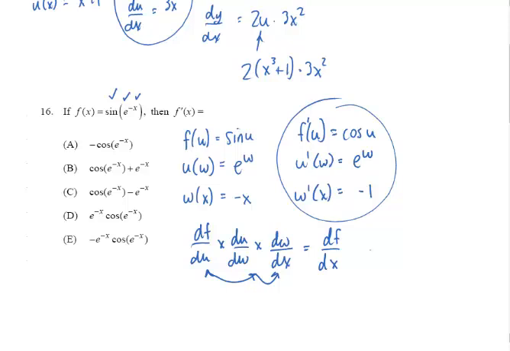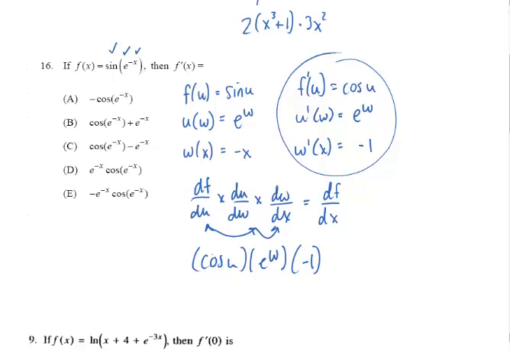That's why they call this the chain rule. My answer is going to be cosine of u times e to the w times negative 1. Now we have to back substitute. I have to write cosine of e to the w, I have e to the w still, and I have negative 1, so now I have to get rid of the w's.